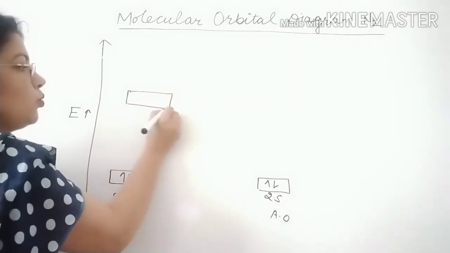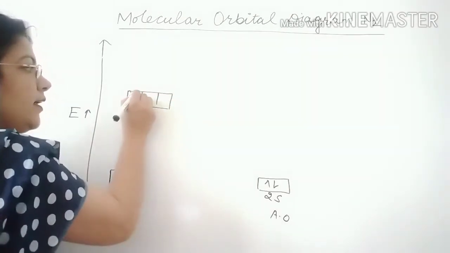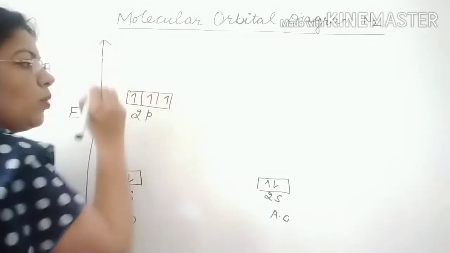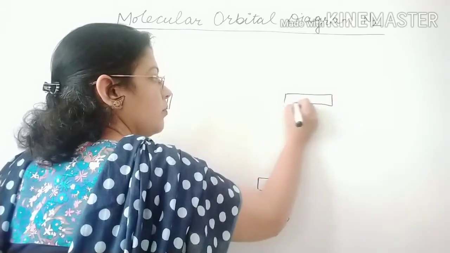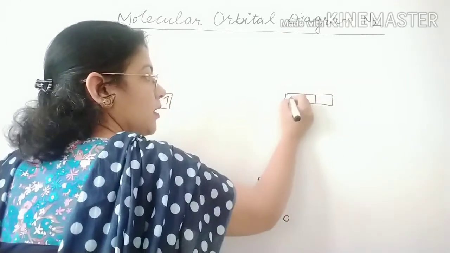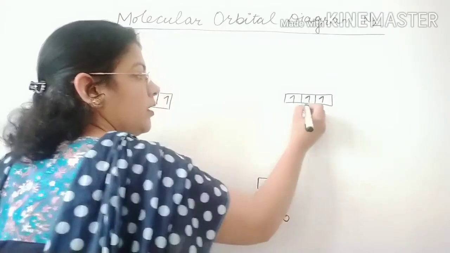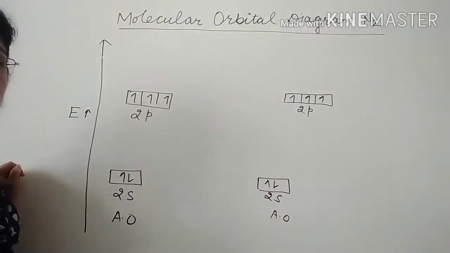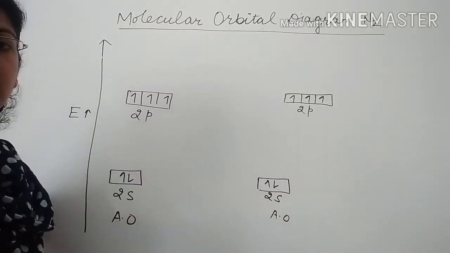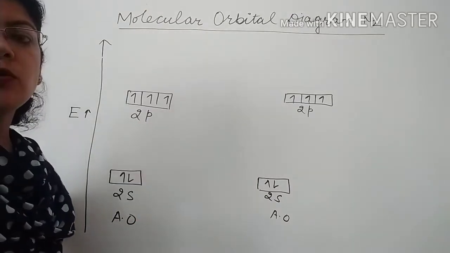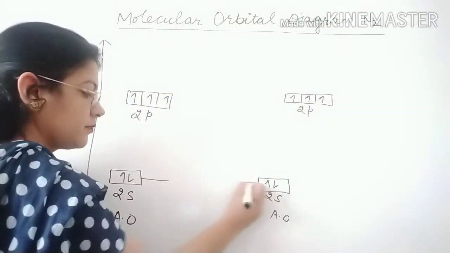This is the 2p subshell for one nitrogen atom and it contains 3 electrons. Similarly, the other nitrogen atom also contains 3 valence electrons in the 2p subshell. By combining these atomic orbitals, new molecular orbitals are formed like this.